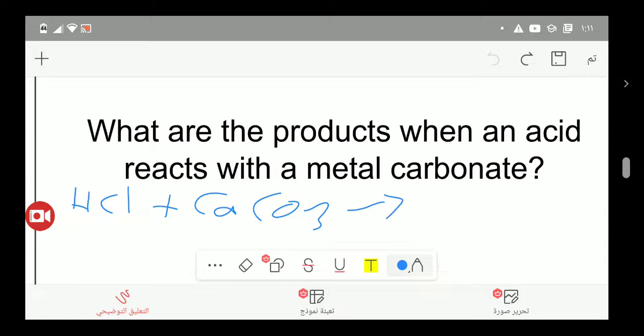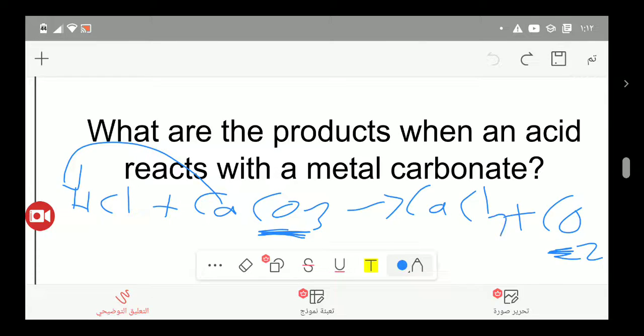If you see the term carbonate in any reaction, this means evolving of carbon dioxide, and it can be tested by using lime water, which turns turbid. So calcium will displace hydrogen and form CaCl2 plus CO2 carbon dioxide, plus water.